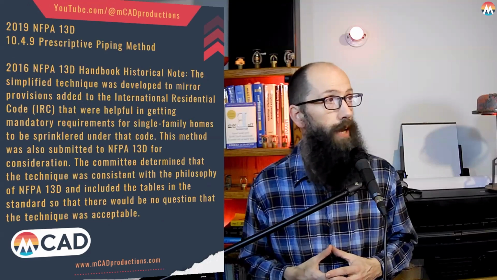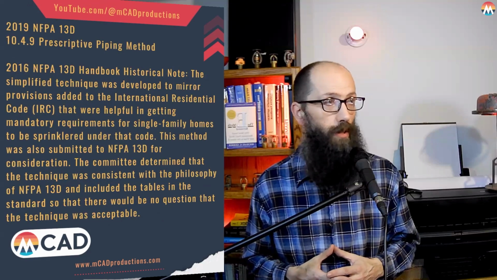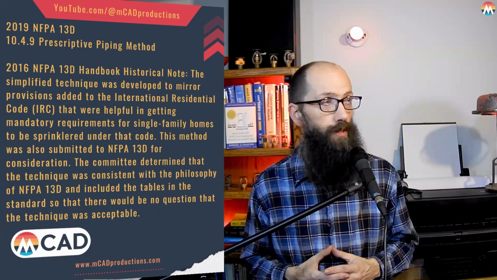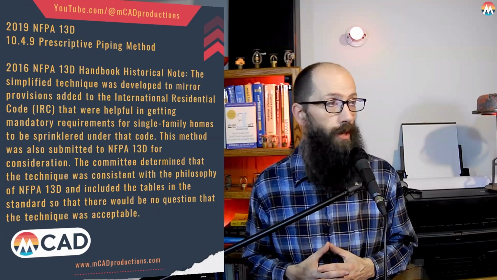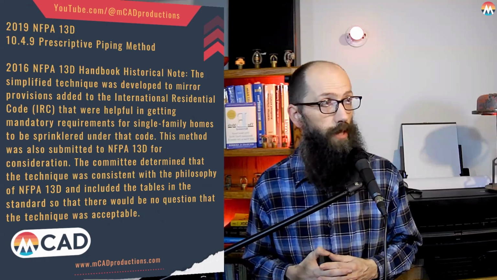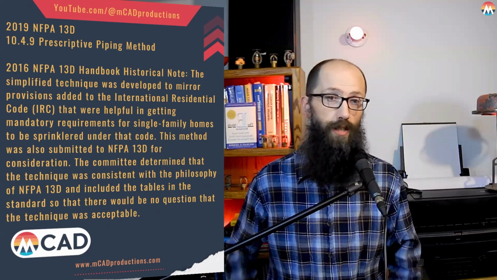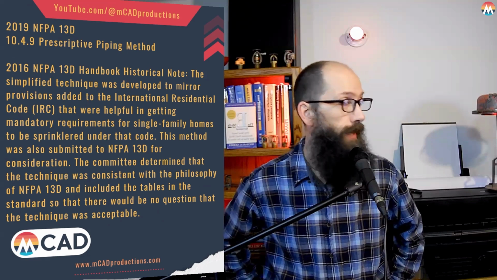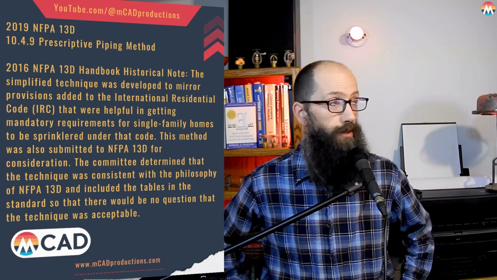Now, there is another prescriptive method, the 10.4.9 method, and we really don't recommend anybody use it, but I just want to read this little blurb written in the 2016 13D handbook that I had. It says it's a historical note.